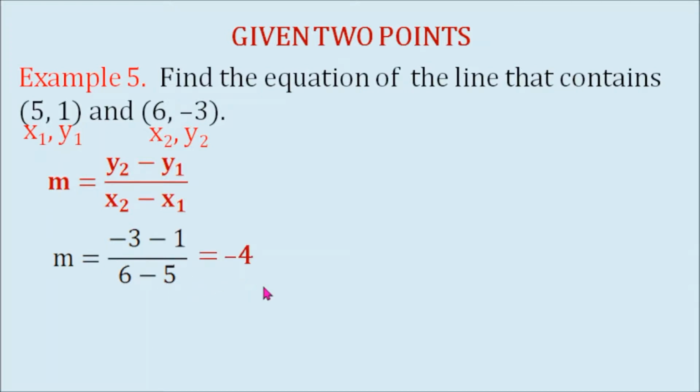So that means our slope is -4. Now we need to find the y-intercept, or b. So we can use this point here. So we substitute y with 1, m with -4, and x with 5. So this is 1 equals -4 times 5 plus b.